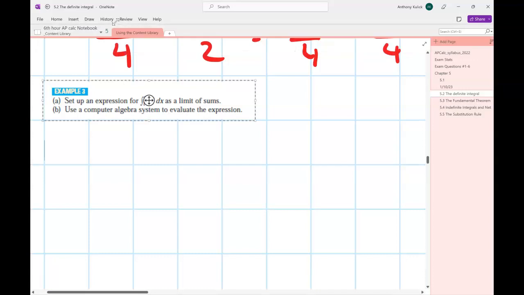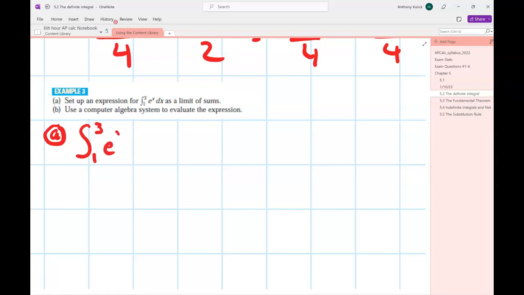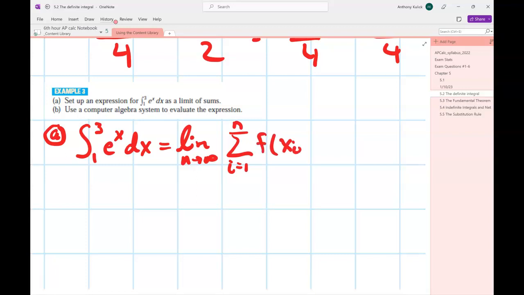So here we start by our setup. We know from definition 2 that this integral is the same as the limit as n approaches infinity of the sum from i equals 1 to n of f of xi delta x.